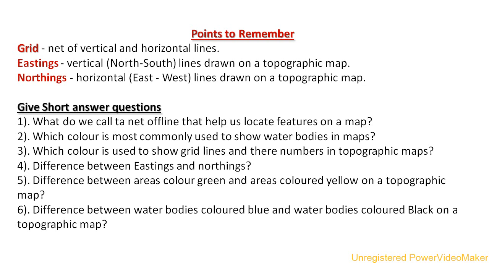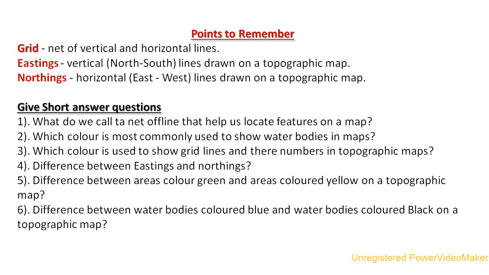Under the grid you will find two subtopics, eastings and northings, and grid reference. In the fourth part you will see topics like colors, what colors are used in a map, and the topic conventional symbols.